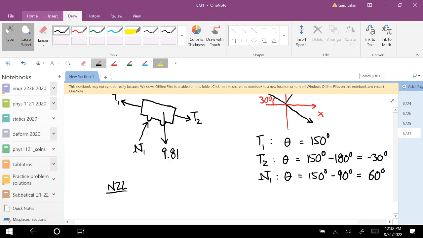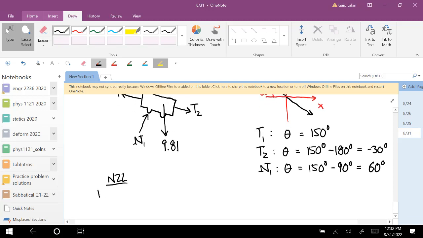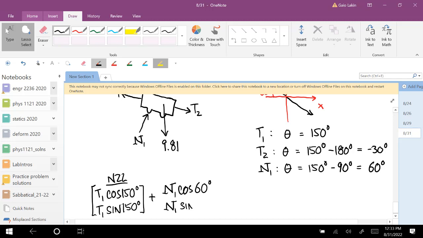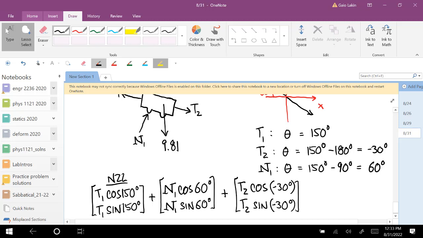So Newton's second law says T1 times cosine and sine of 150 plus N1 times cosine and sine of 60 plus T2 times cosine and sine of negative 30 plus 0, negative 9.81 is equal to zeros.